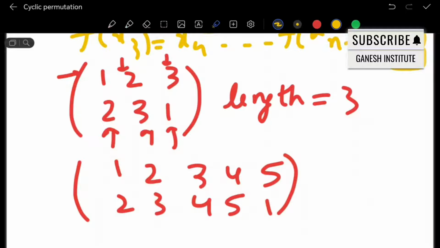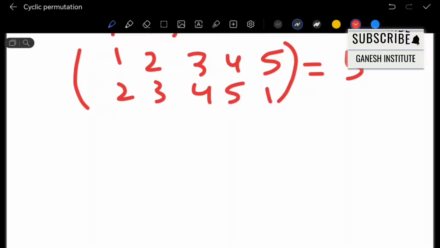It's not that any element is forming an identity; all the elements are different. There is no such element like 3 to 3 or 4 to 4. So its length is 5. Five different images are formed.